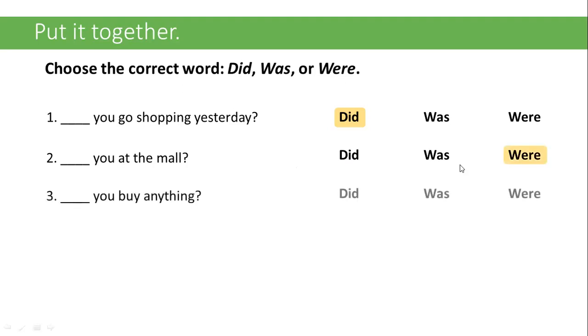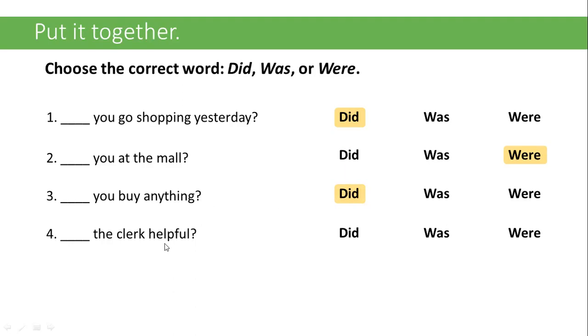Were. How about you buy blah blah blah? You buy anything? Did, was, or were? Buy is a verb. Yeah, we use did. Very good. Next. The clerk helpful? Did, or was, or were?